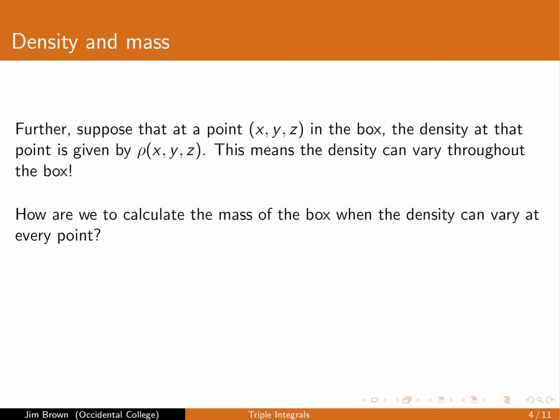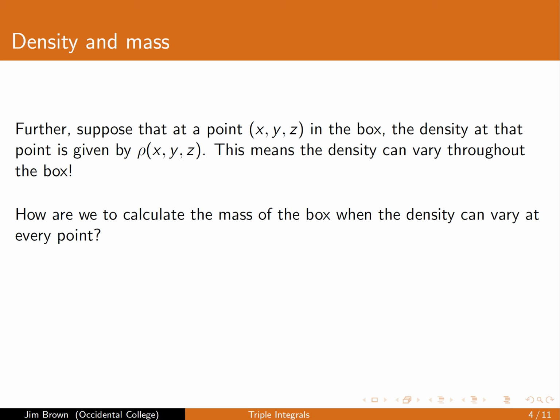So if we think back to how we calculated work for a non-constant force over a curve, or how we calculated flux when we had a velocity of a fluid that was varying going through a surface, we approached those problems in the same way. We broke the things up into small pieces.